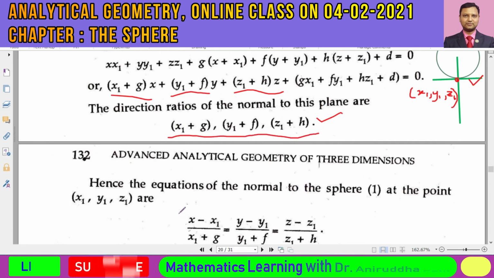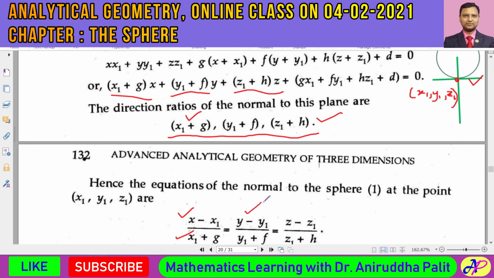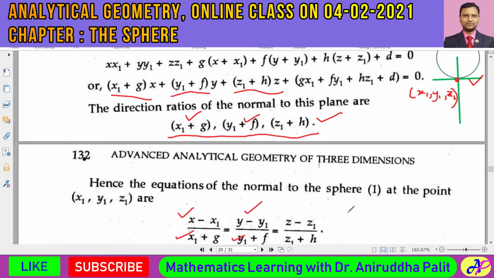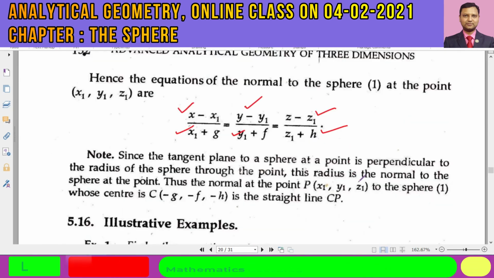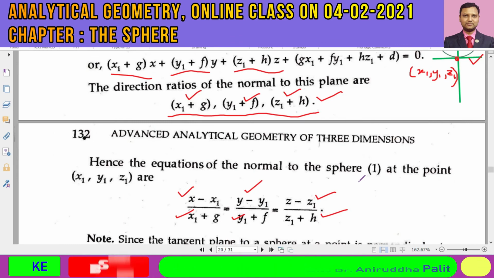So the equation of the straight line would be x minus x1 divided by x1 plus g, the first direction ratio, equal to y minus y1 divided by y1 plus f, the second direction ratio, equal to z minus z1 divided by z1 plus h, the third direction ratio. So in this way, we will be able to compute the equation of the normal.